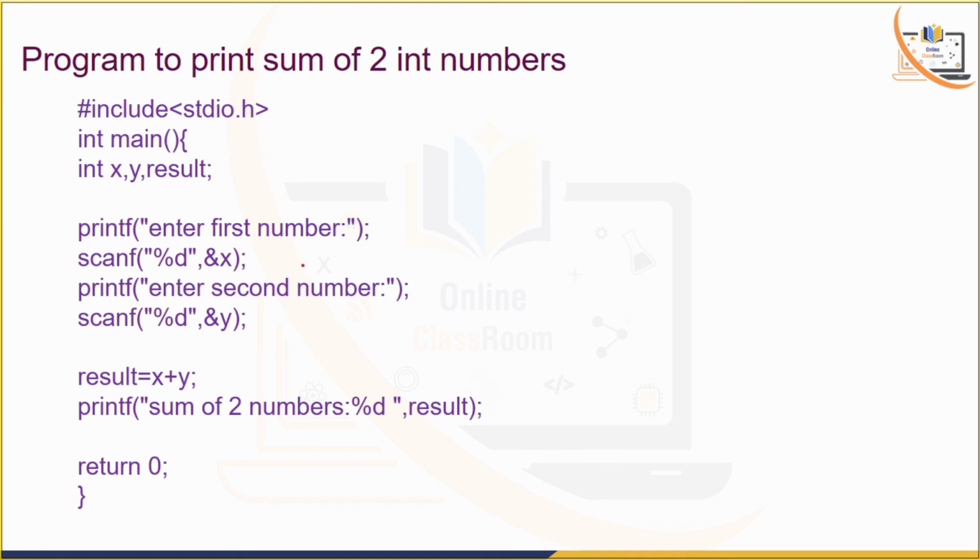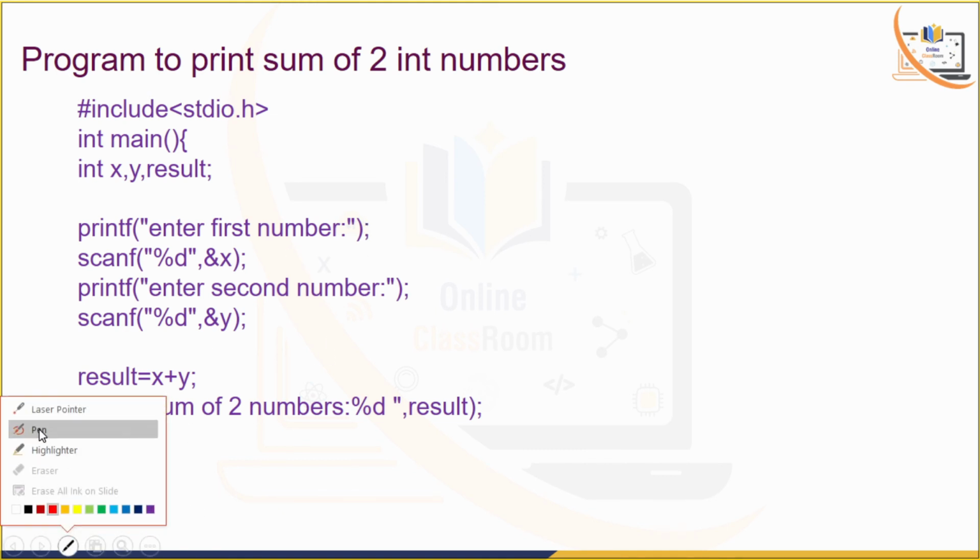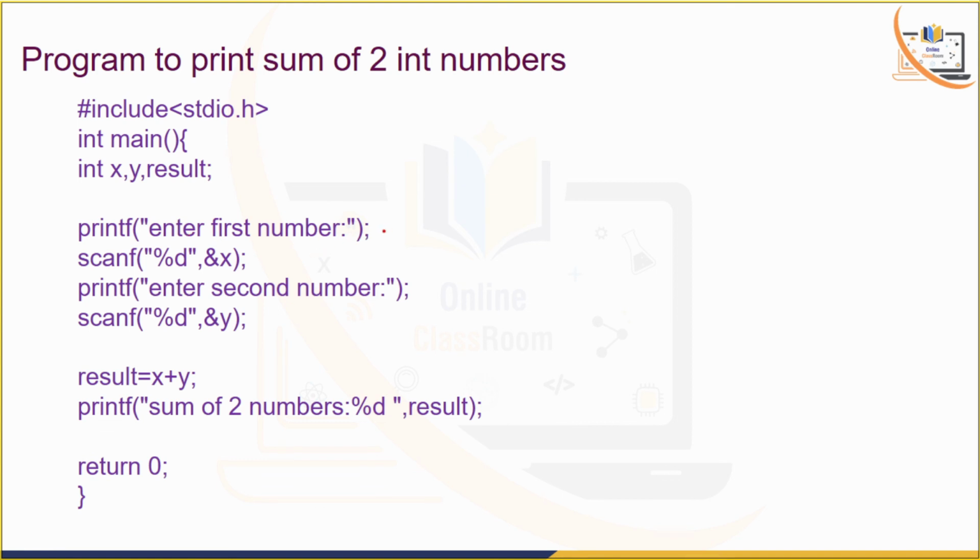So enter the first number and enter the second number. This is my first number, x, and the second number is y, and the result is there. So if my first number is x and the second number is y, the result must be x plus y. So it is also very simple, the sum of two integer numbers.